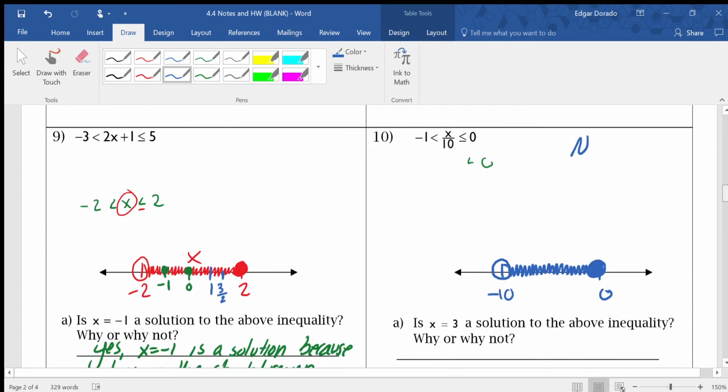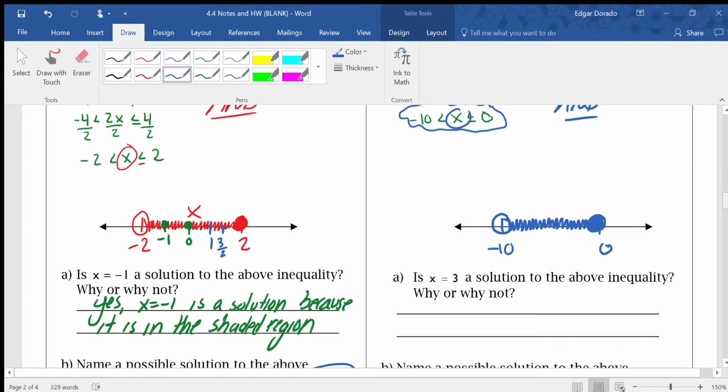All right, let's go ahead and do number 10. So it says, is x equals 3 a solution to the above inequality? Well, it looks like 0 is the point furthest to the right. So 1, 2, 3 would be on the side that is not shaded.